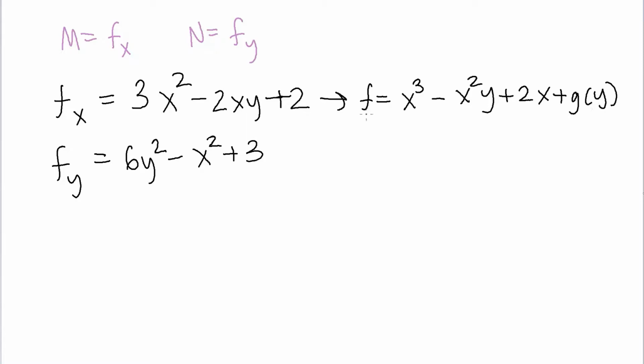So now that we have f, we need to solve for this g of y. To do that, we take the derivative of f in terms of y and set it equal to N, the left-hand side. That will help us find this arbitrary y function. If we take the derivative of this in terms of y, we get 0 for this term, negative x squared for this term, 0 for that term, and we get g prime.